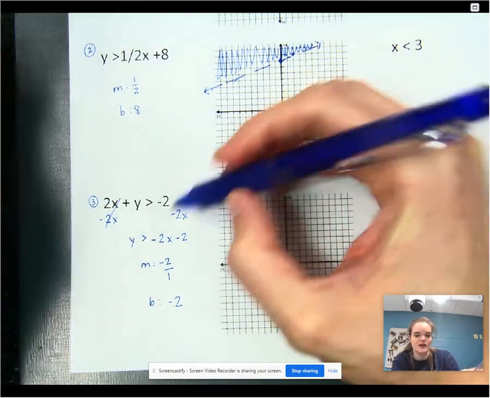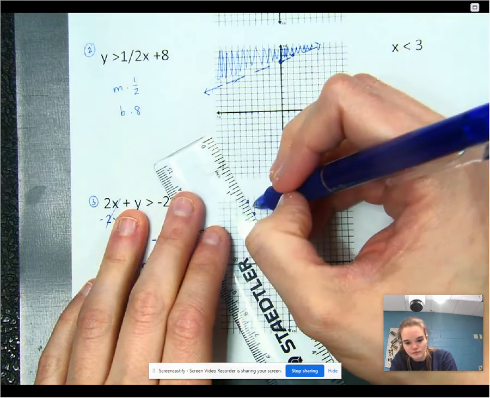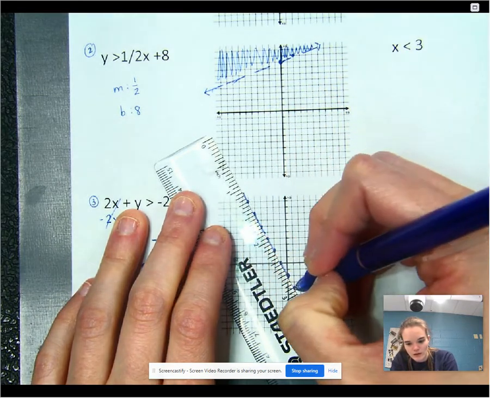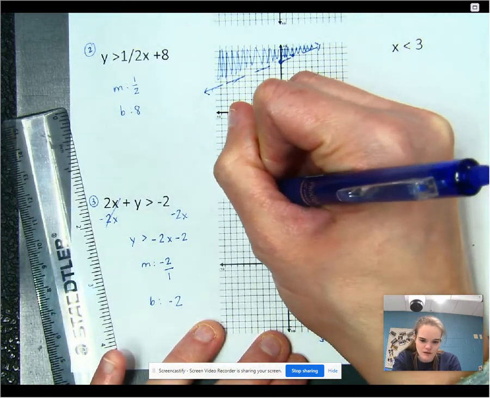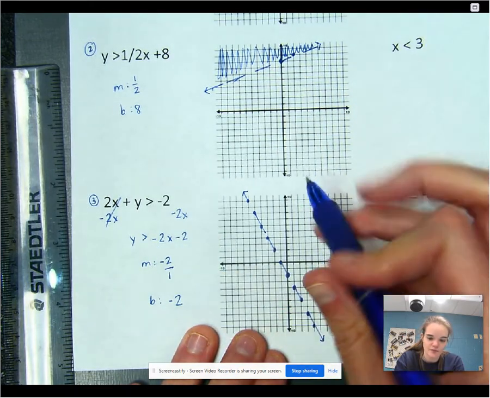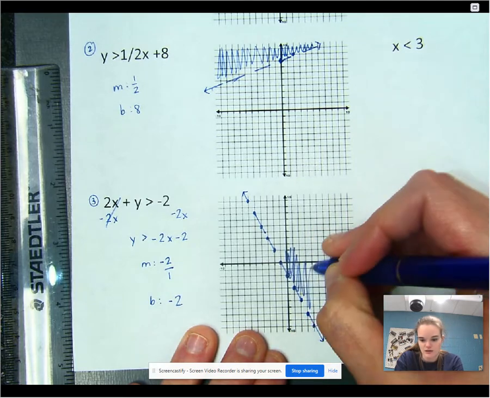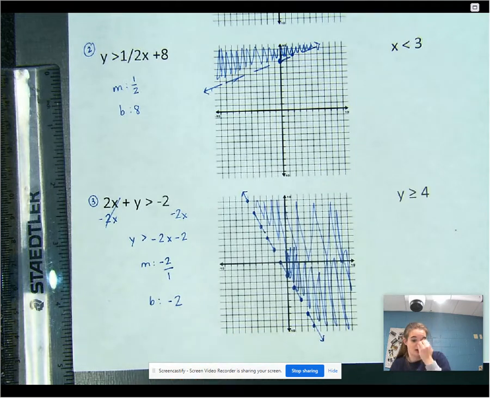Okay. This is a dashed line. To decide how I shade, it's greater, so I'm going to start at the y-intercept and go above that. And there is my graph for number 3. Pause the video and do number 4.